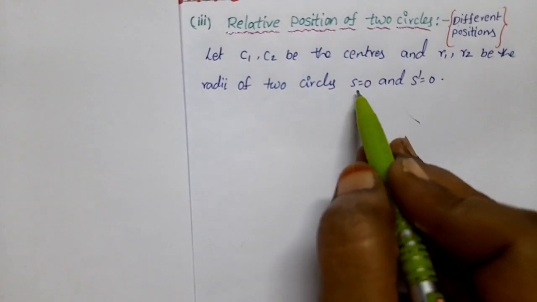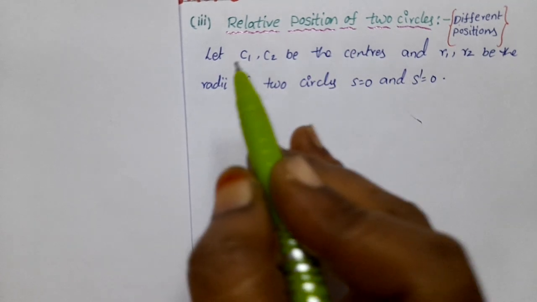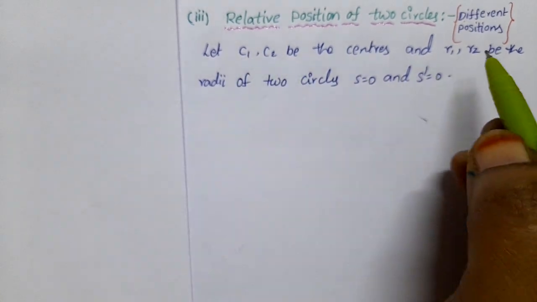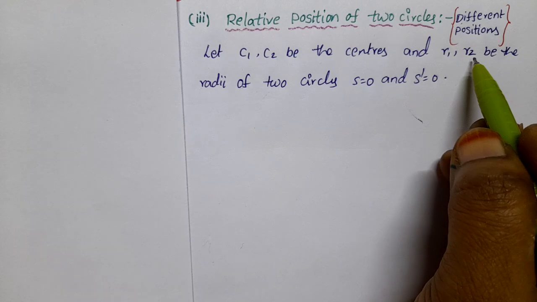For two circles S equal to 0 and S dash equal to 0, centers are C1 and C2, radii are R1 and R2.